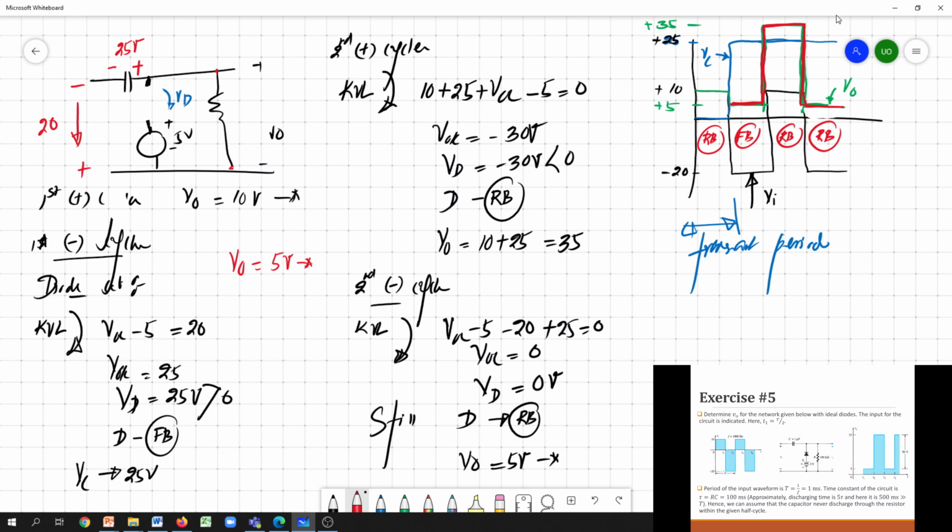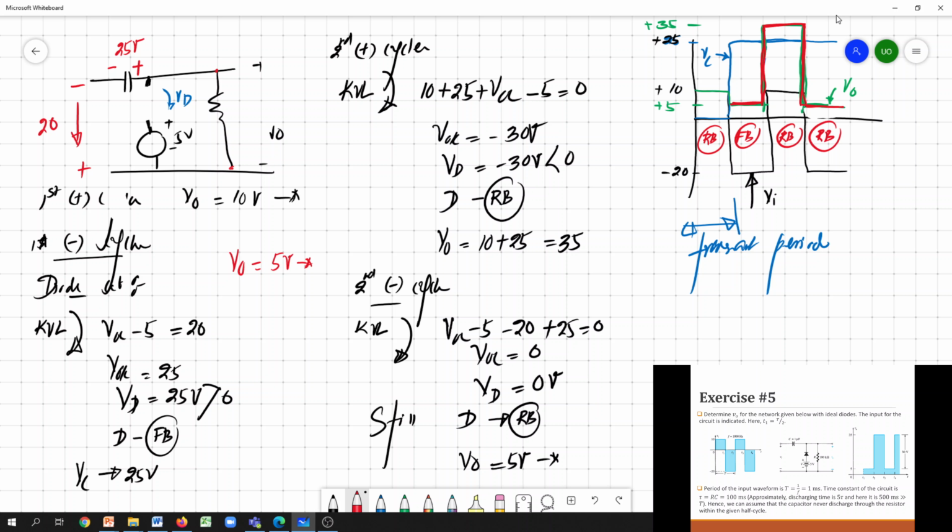Depending on the input and the voltage across the capacitor, we can argue whether the diode is in the reverse region or forward region. If it is an ideal diode, we can replace it with an open circuit or a short circuit element if it is reverse or forward. Then we can simplify the circuit and obtain the value for the output.